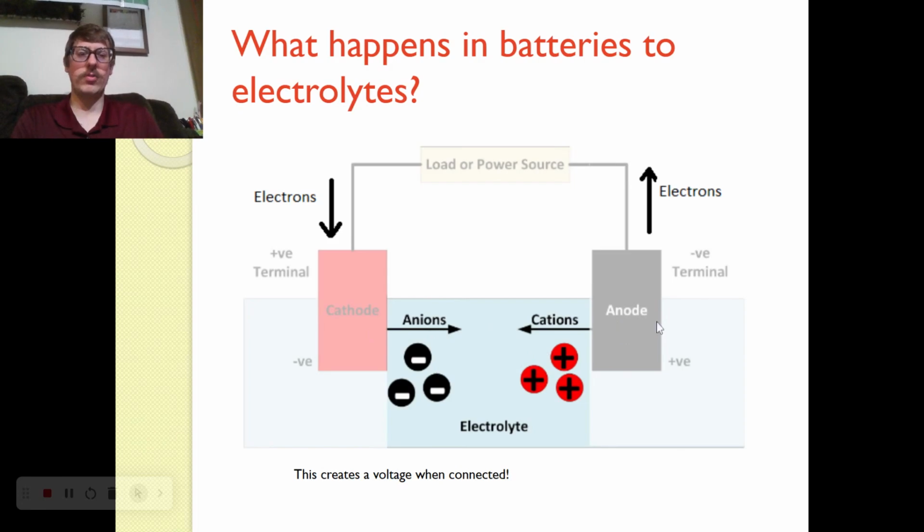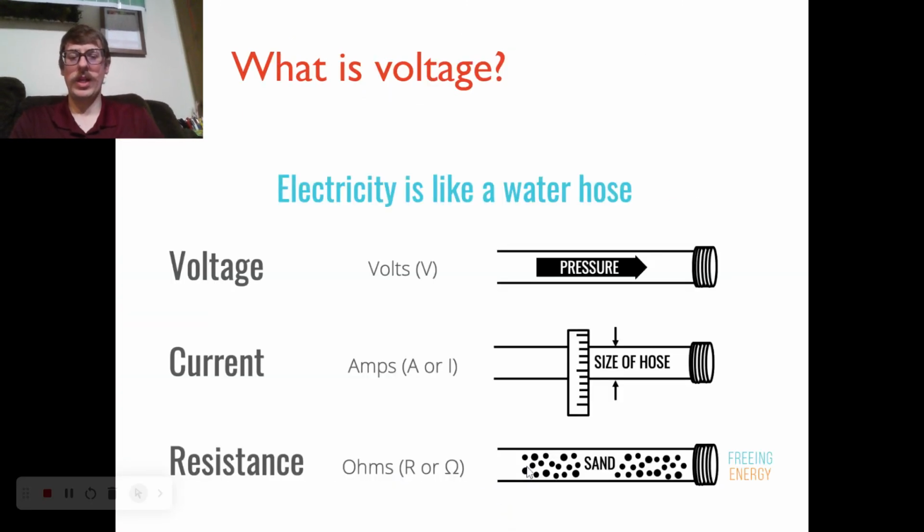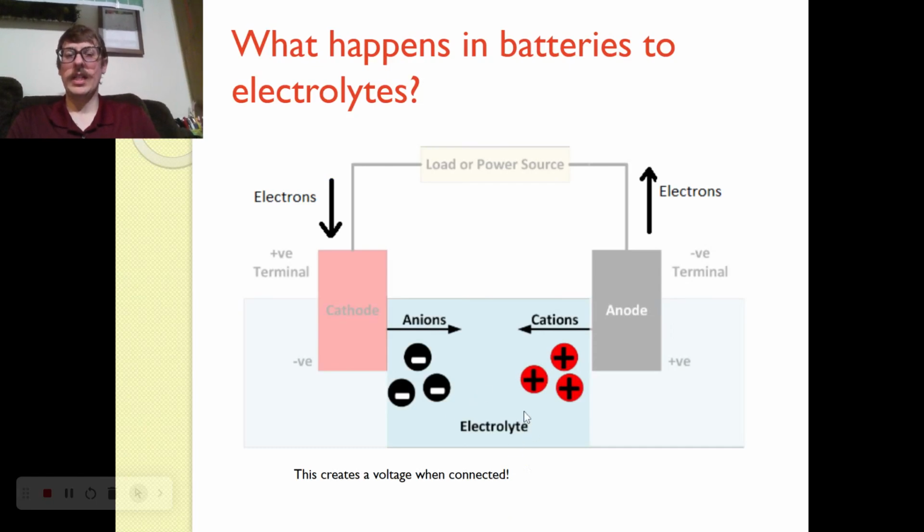So the anions go to the anode, where they're going to make it negative, and the cations go to the cathode, where they're going to make it positive, and that's going to create what's called a voltage, a push, which we're going to talk all about. But more than anything, these electrolytes are just the ions in a solution. They're going to go to the various sides, and they're going to drive the electrons to want to move through your circuit.